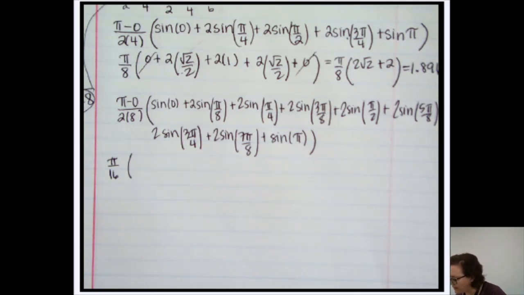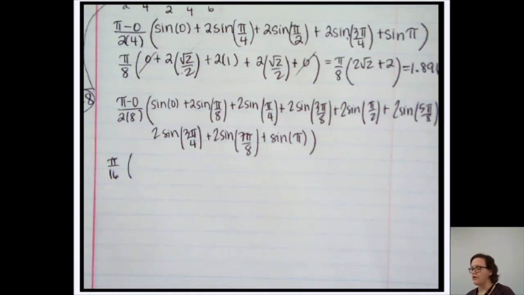Parenthesis. 2 times the sine of pi over 8 plus 2 times the sine of pi over 4 plus 2 times the sine of 3 pi over 8 plus 2 times the sine of pi over 2 plus 2 times the sine of 5 pi over 8 plus 2 times the sine of 3 pi over 4 plus 2 times the sine of 7 pi over 8 plus sine of pi.